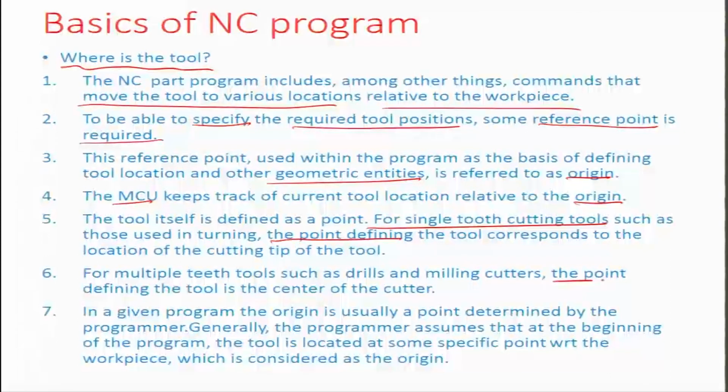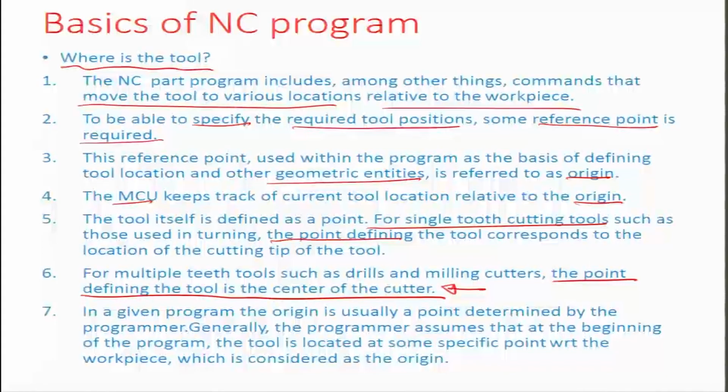In fact, some of the inserts are also present like a circular battery of tools, and so in such cases the point of defining the tool is actually the center of such a cutter, and the cutter has a finite radius. So, the engagement which is taking place at the edge between the one end of the tool and the workpiece is at a certain radius from the center, and that has to be somehow compensated in the job of a programmer.